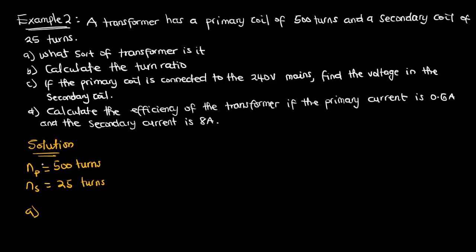Now, if the primary coil has more turns than the secondary, this is a step down transformer because it is moving from 500 to 25. So it's a step down transformer, right? But if it is moving from, let's say, a lower number in the primary to a higher number in the secondary, it is a step up. So this is a step down transformer.